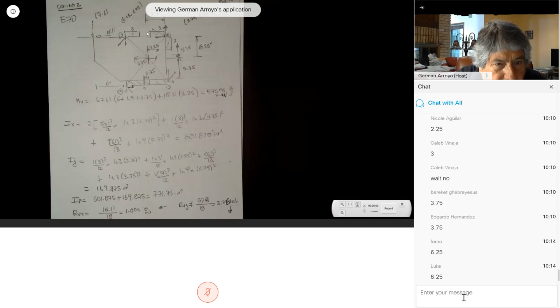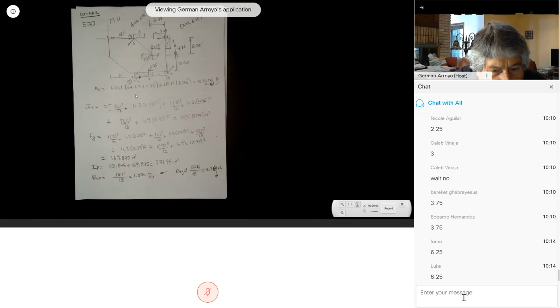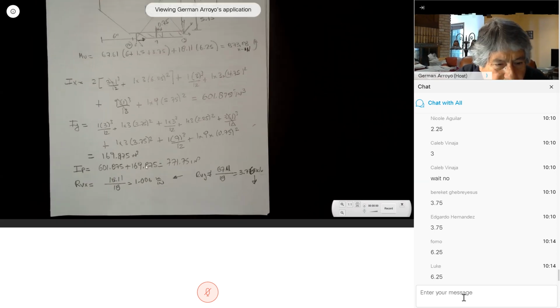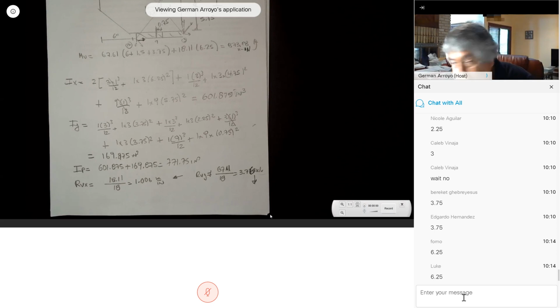So 3 plus 3 plus 3 is 9, plus 9, 18. 6761 divided by 18, 18.11 divided by 18, to the left and to the right. This is what I have at the bottom of the page: direct shear in x, direct shear in y.